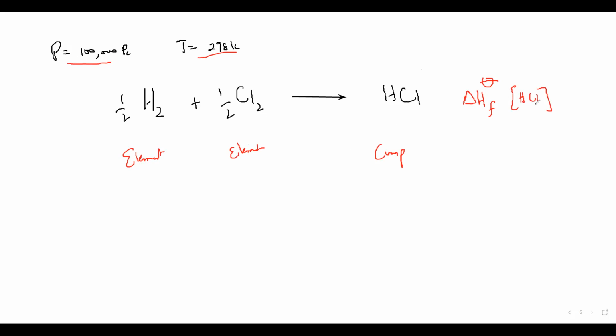So the energy change which occurs, it might be endothermic or exothermic, but the energy change which occurs in this reaction when the hydrogen reacts with chlorine to form hydrogen chloride, we call that energy the standard enthalpy change of formation of HCl. Is the concept of standard enthalpy change clear? Yes, sir.